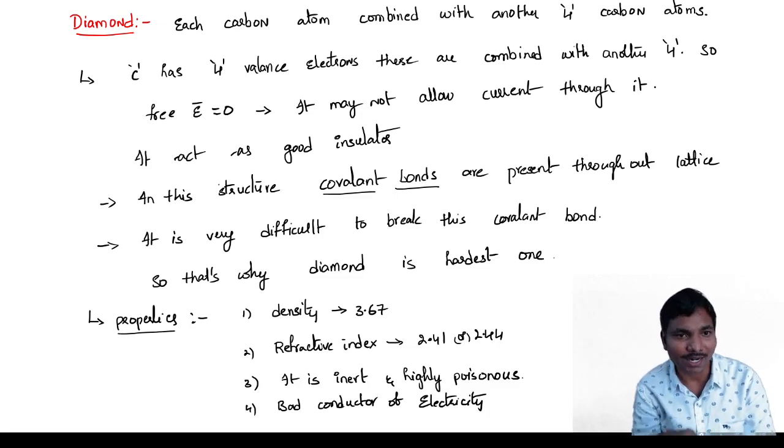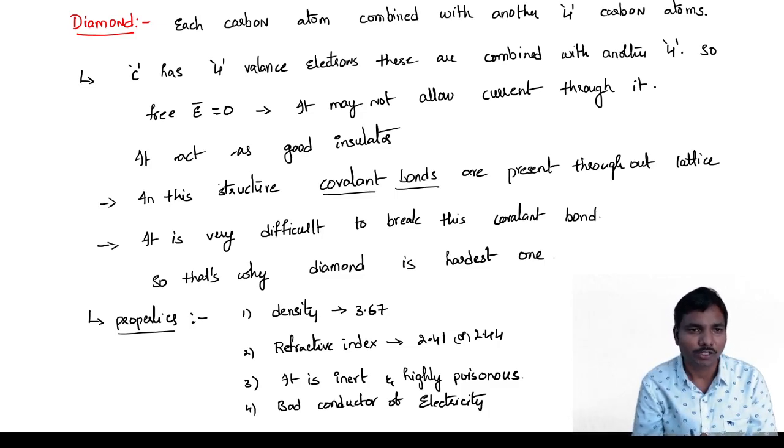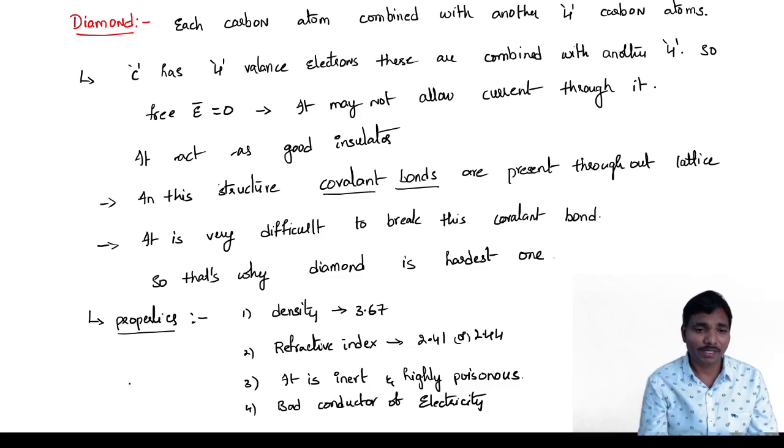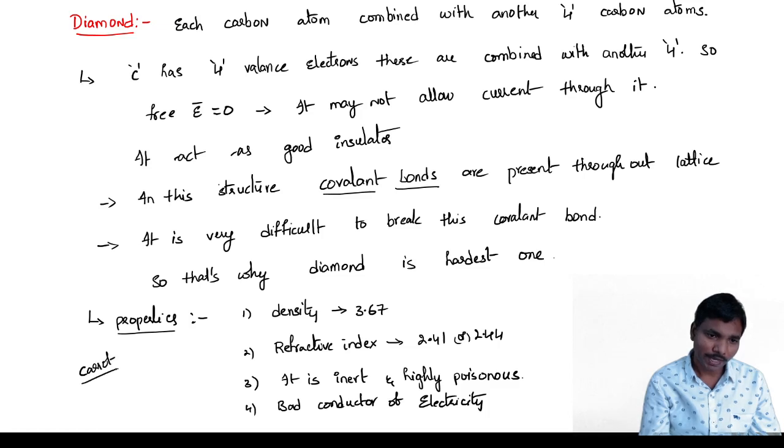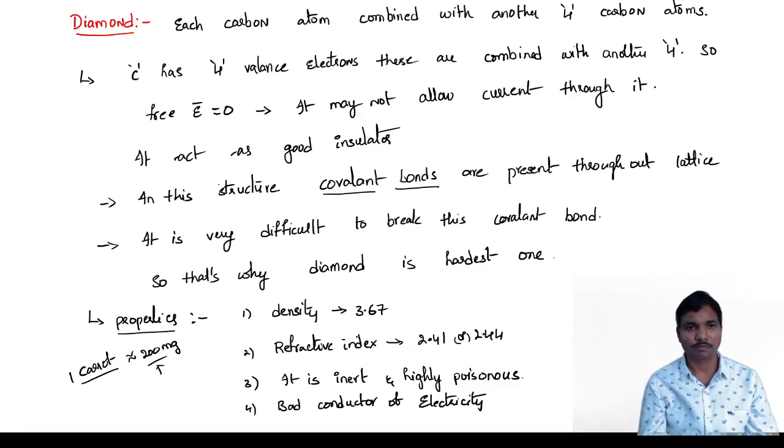Okay, and to cut other diamonds. For cutting the diamond, we use diamond only. Okay, and diamond is measured in carat. 1 carat is approximately 200 milligrams. 100 milligrams. Okay.